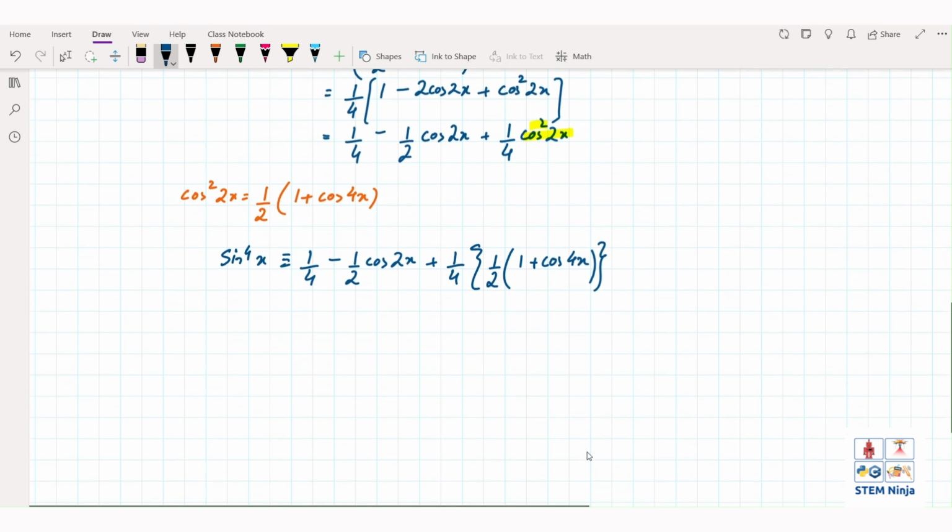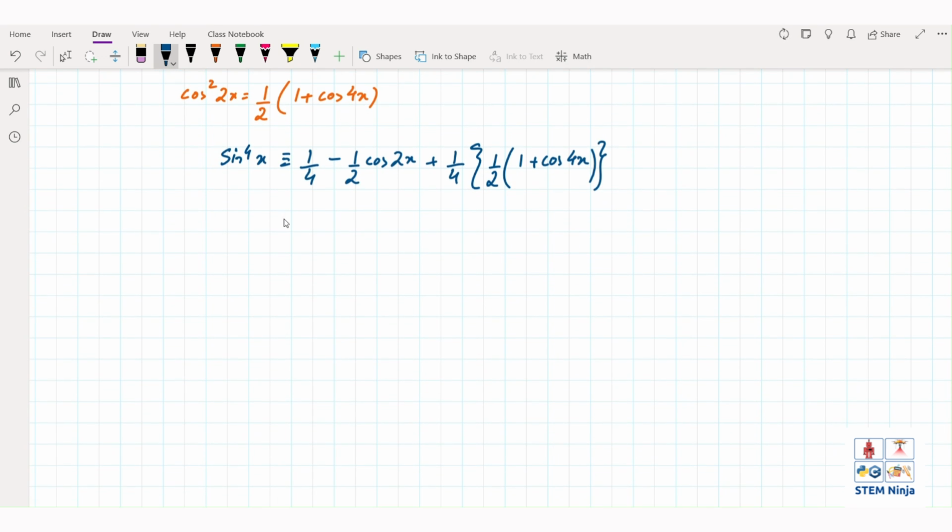When you multiply the 1 over 4 inside, you get 1 over 2 cos 2x plus, 1 over 4 times 1 over 2 becomes 1 over 8, times 1 is 1 over 8, and 1 over 8 times this is just 1 over 8 cos 4x. This is not fully simplified either.